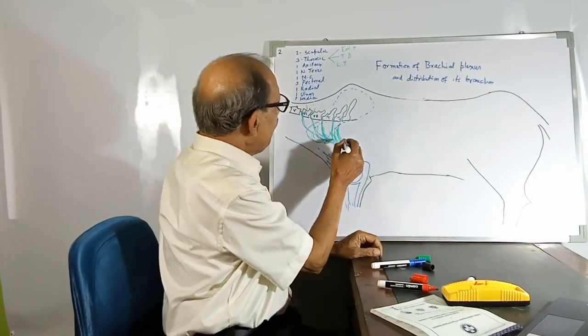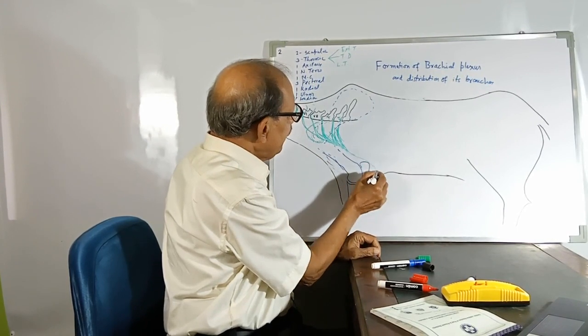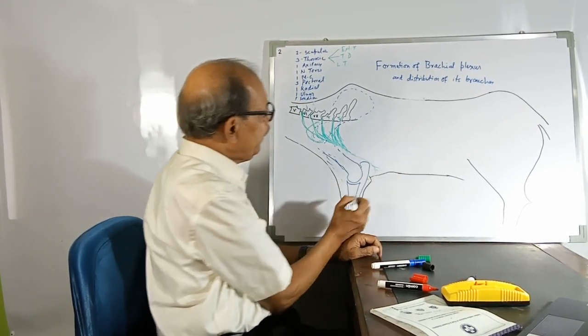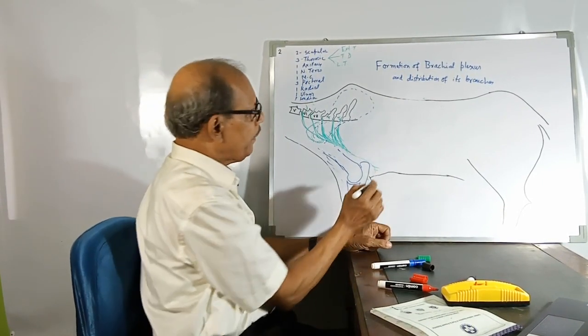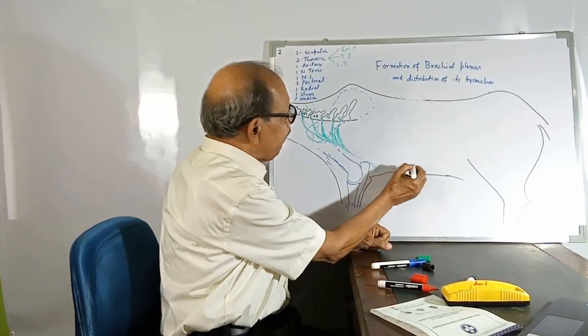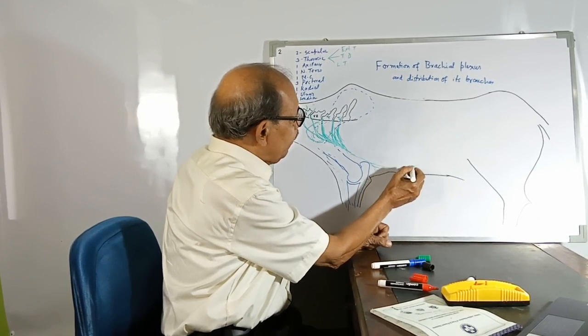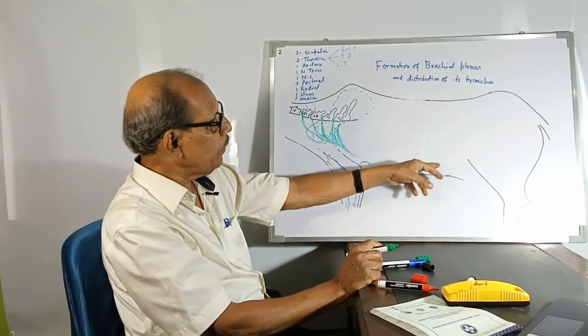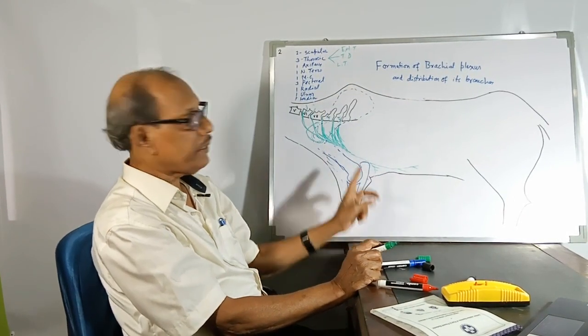The external thoracic nerve will go downward. This will provide some innervation to the pectoral muscles over here and will go further backward and will give some small twigs to the abdominal wall. This is the external thoracic.